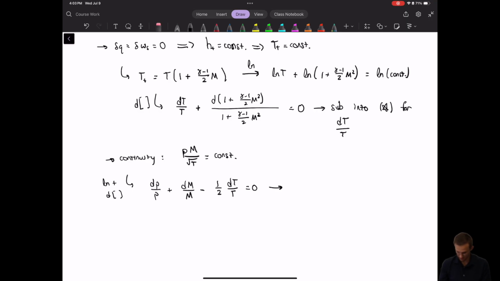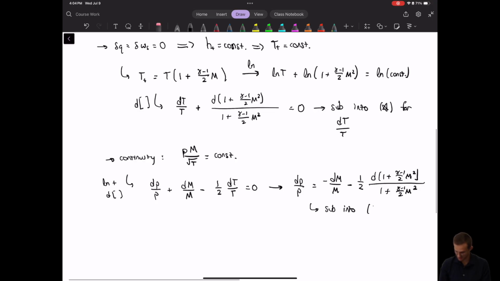And from there, we can solve for dp over p as minus dm over m minus 1/2 this quantity d of 1 plus gamma minus 1 over 2 m squared over 1 plus gamma minus 1 over 2 m squared. Okay? And so this is going to sub into star as well for dp over p.